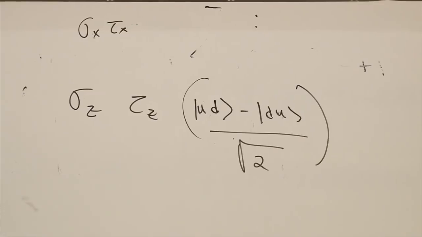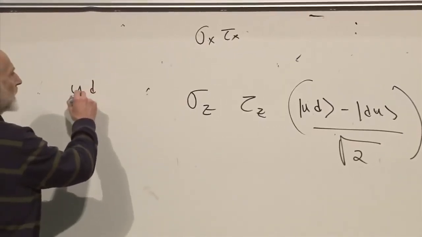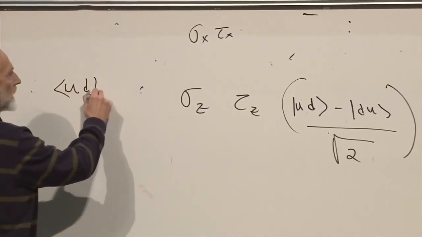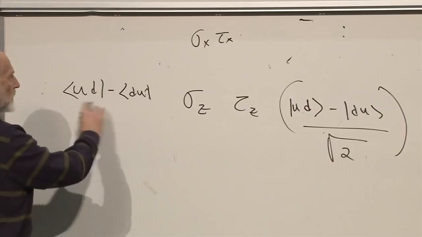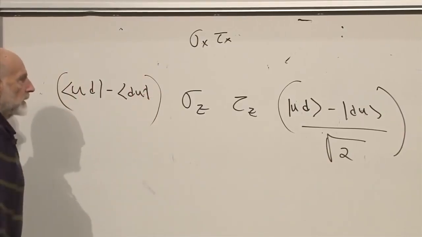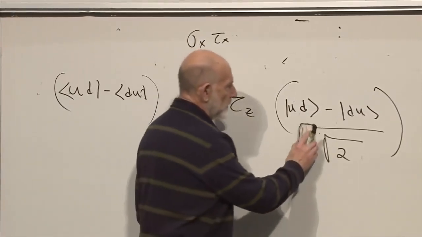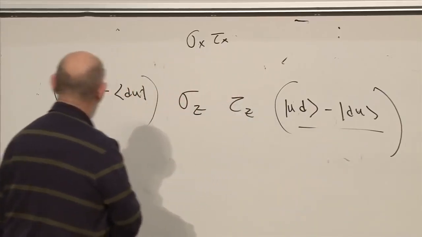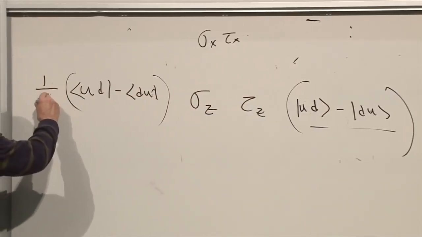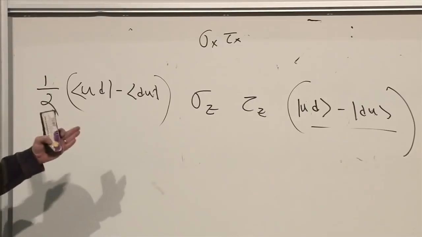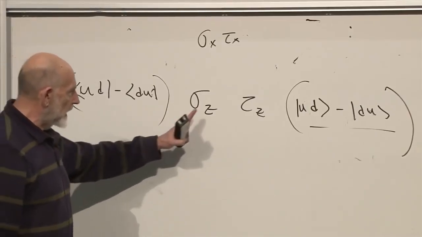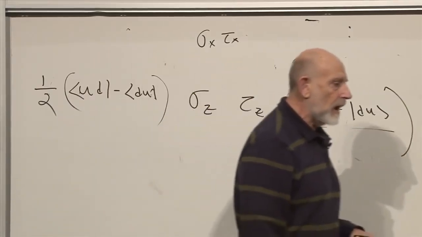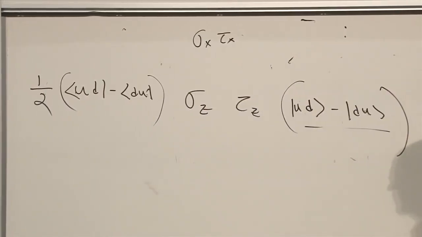And here we have up, down, minus, down, up. Also over square root of 2. So in fact, I can take the square root of 2's and put them all into a factor of 1/2 here. This is the expectation value in the singlet state. Here we take the singlet state, and we take sigma z times tau z. Let's see what we get.